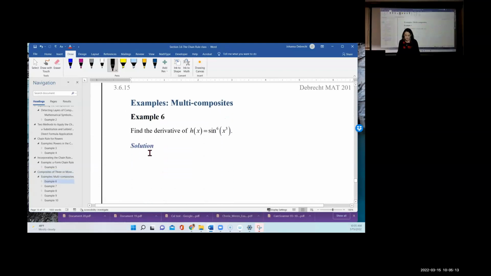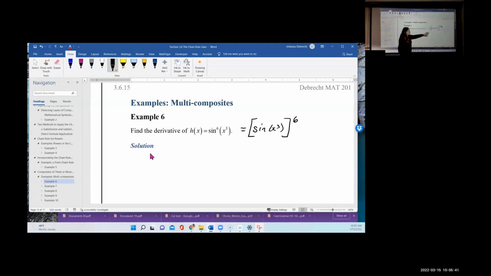Okay, let's take a look at some examples of these multi-composition functions. We've got sine to the 6th power of x cubed. Now, we write the 6th power between the trig function and the argument to it, but keep in mind that this means exactly the same thing as writing the sine of x cubed, the whole thing raised to the 6th power.